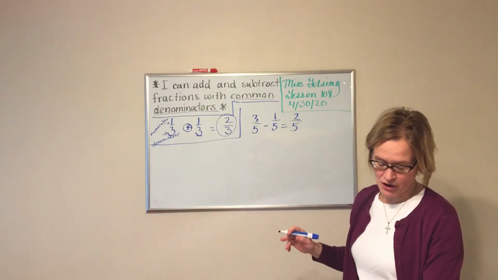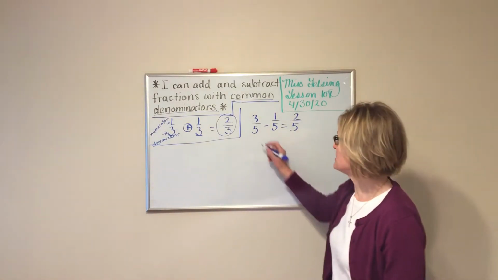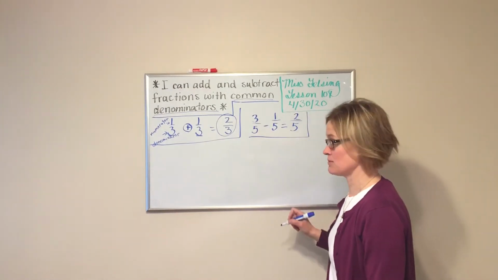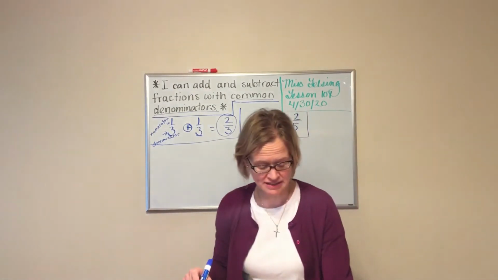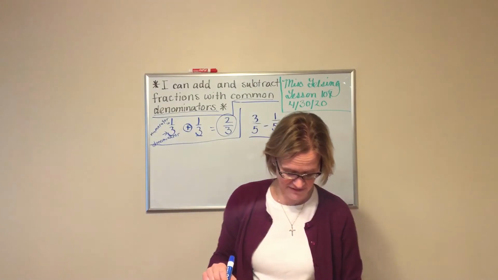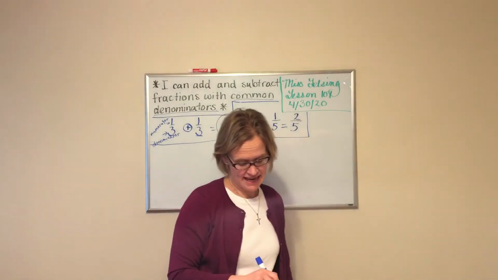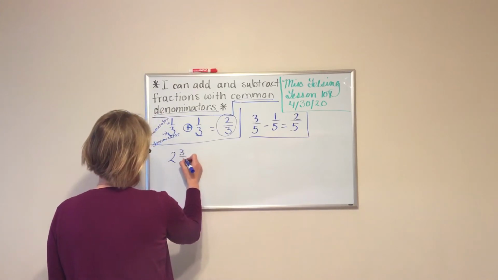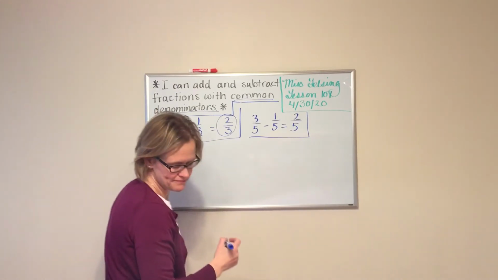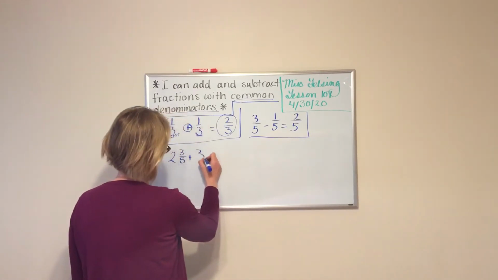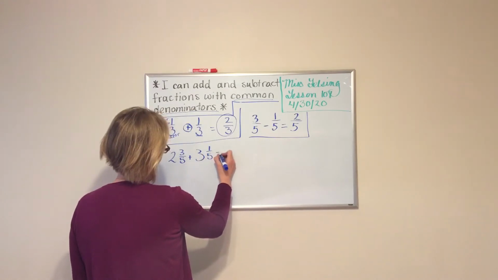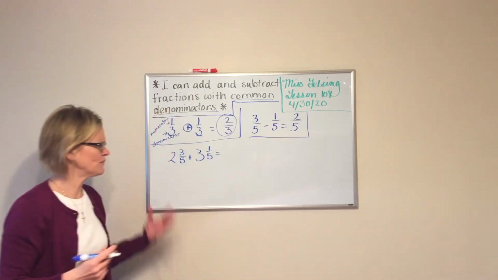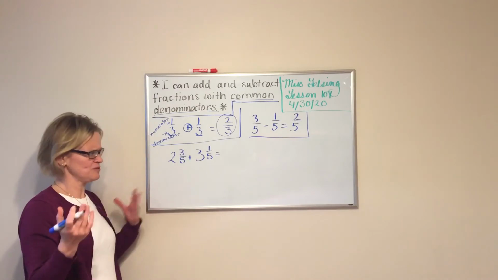So we can also do the same thing with mixed numbers. So I'm looking at example 3 on the top of 677, and it says add 2 3/5 plus 3 1/5. So when we do that, we wonder to ourselves, well, what am I supposed to add first?